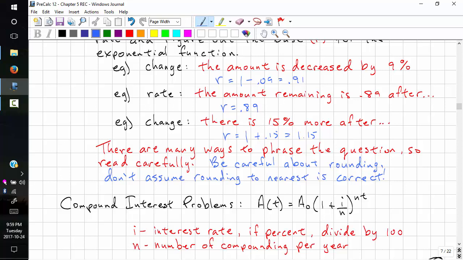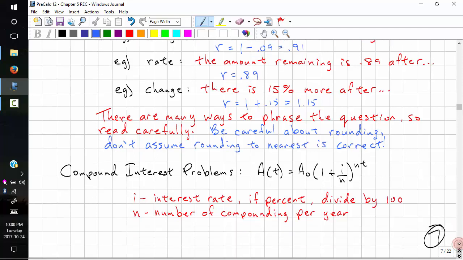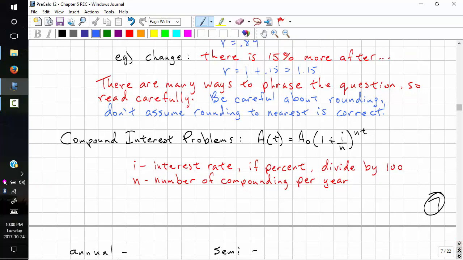Okay, for math problems, sometimes they'll say round to nearest, but in the business world, that's not always the case. Banks always like their pennies, and you may have to round up rather than round off.